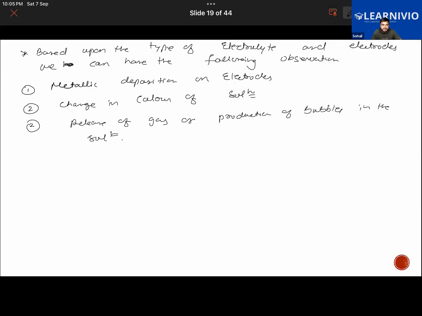Okay. Next, we're going to learn about applications of electrolysis. What are the applications of electrolysis? Basically, applications of the chemical effect of electric current.